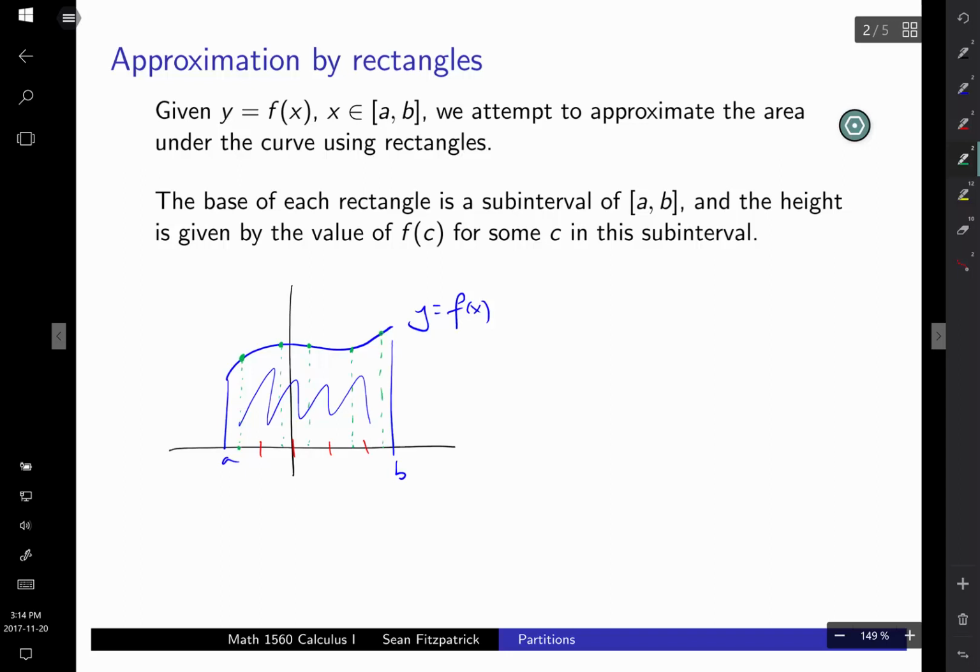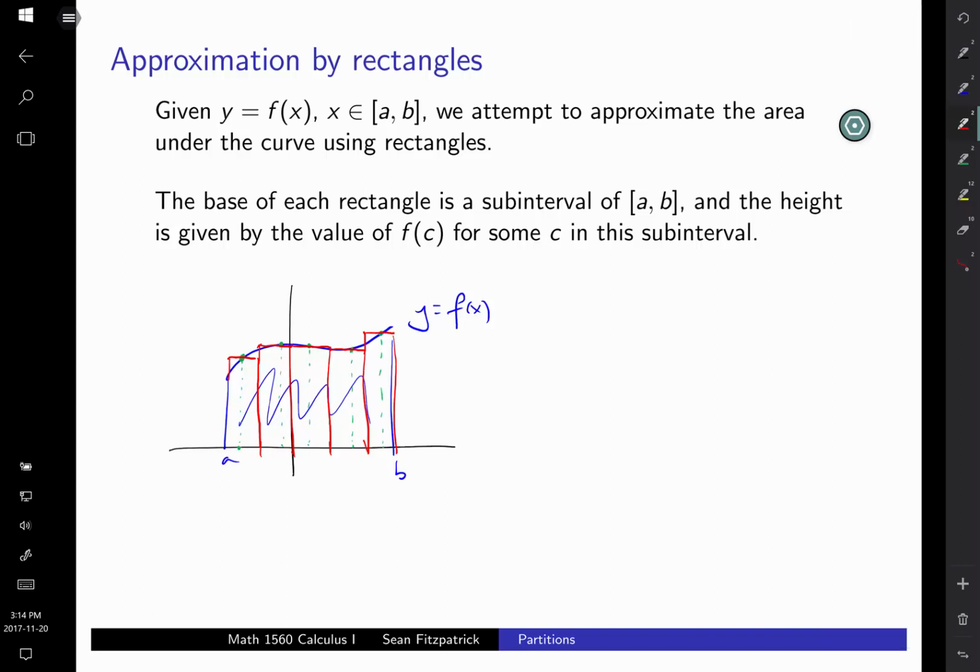And then for each one of these subintervals and for each one of the points, we construct a rectangle whose base is that subinterval and whose height is given by the value of the function. So our first rectangle is here, our second rectangle is here, our third rectangle is here, the fourth one is here, and the fifth one is here.